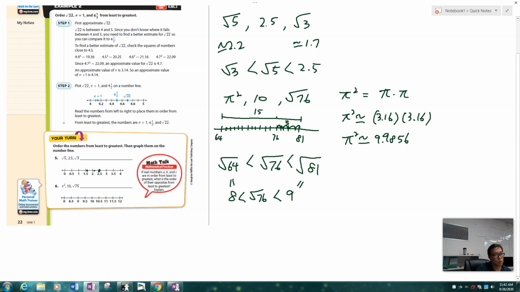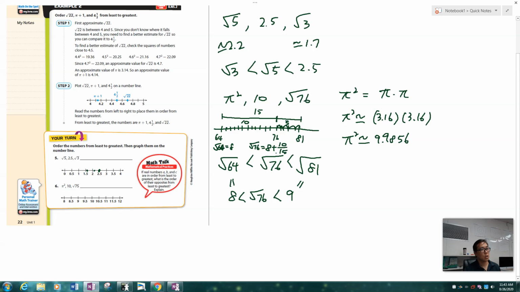So the square root of 64 is 8, and the square root of 76 should be 8 plus 10 over 15.